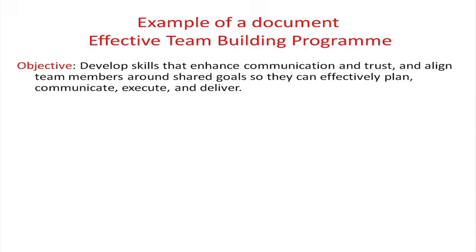Now, I am giving you another example of a design document. See, the objective is what? Developing skills that enhance communication and trust, aligning team members around shared goals, so that they can effectively plan, communicate, execute and deliver. So, if you are going to run this kind of training program, these are the deliverables, and these deliverables have to be there in the content, so that the objectives of the training program are met.